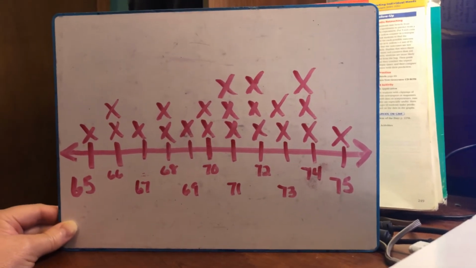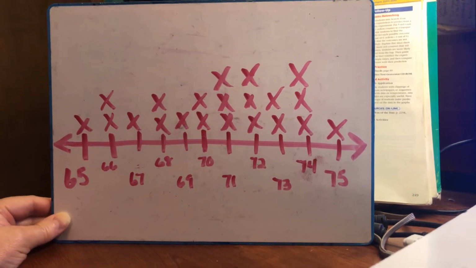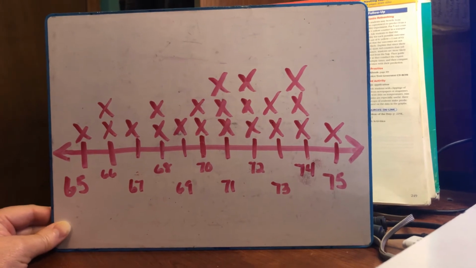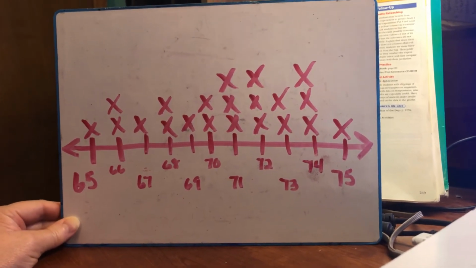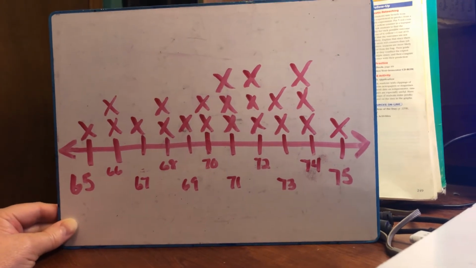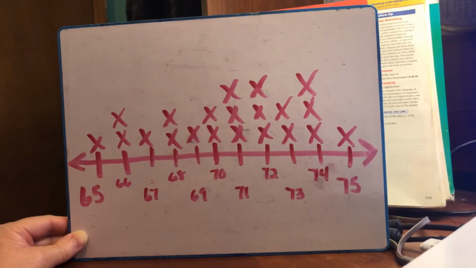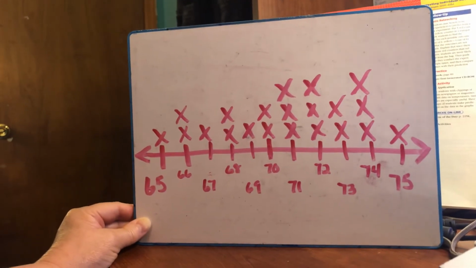So we can make a prediction that since more of these days have fallen in the 70s, then probably the next day would also fall in the 70s. Now, it might not be. It's just a prediction. And remember, predictions are not always correct.